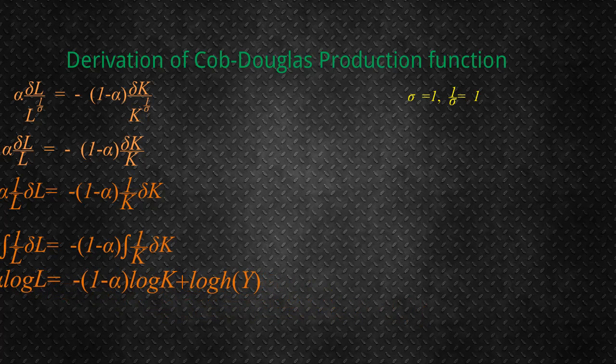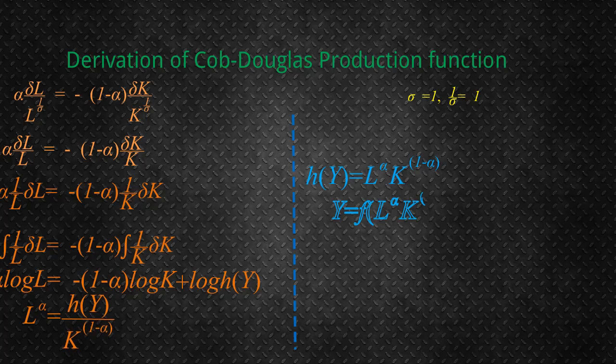Taking the anti-logarithm and rearranging, we get L to the power alpha is equal to h of y over K to the power 1 minus alpha, which gives h of y is equal to L to the power alpha times K to the power 1 minus alpha, or y is equal to f of L to the power alpha times K to the power 1 minus alpha, where f is the inverse function of h.